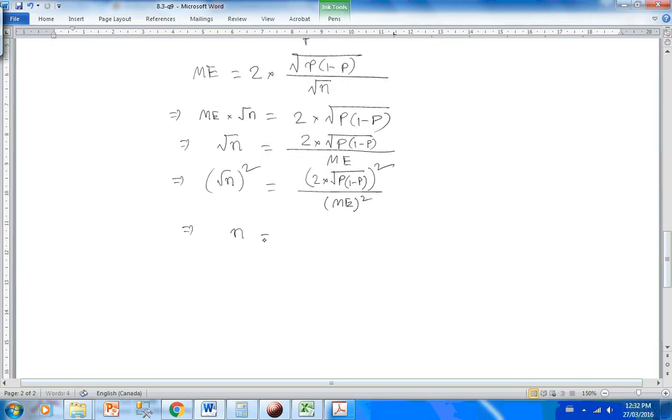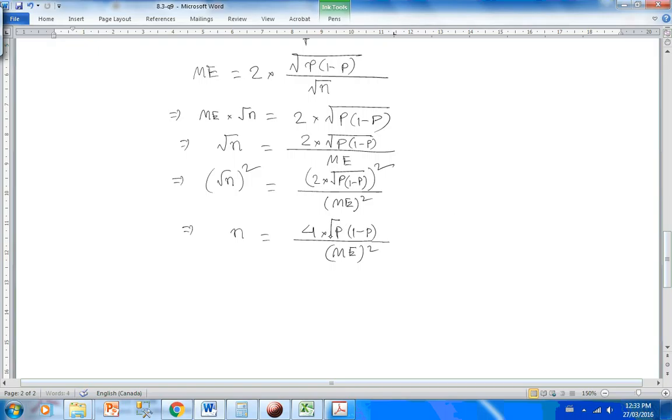If I take the square of this, 2 squared is 4, and the square of square root of p times (1 minus p) just gets rid of the square root. So this is going to be 4 times p times (1 minus p) over margin of error squared.